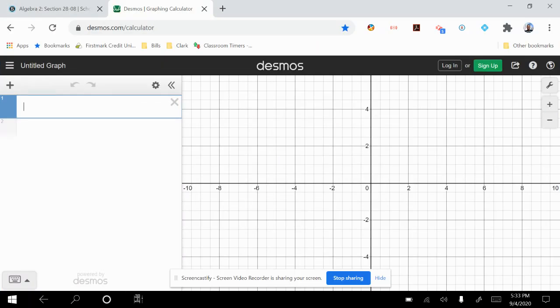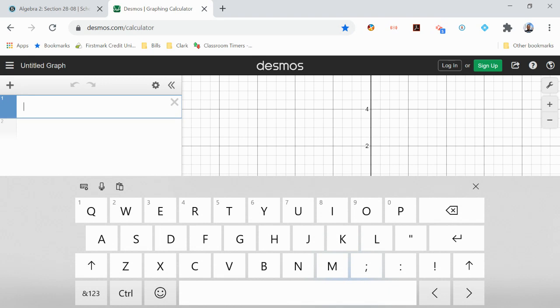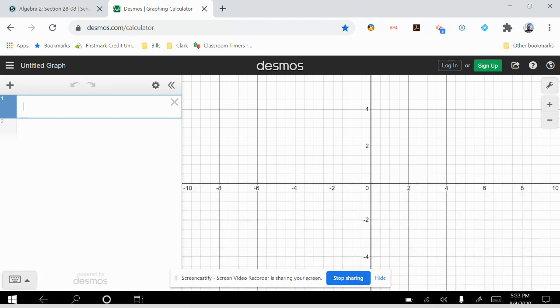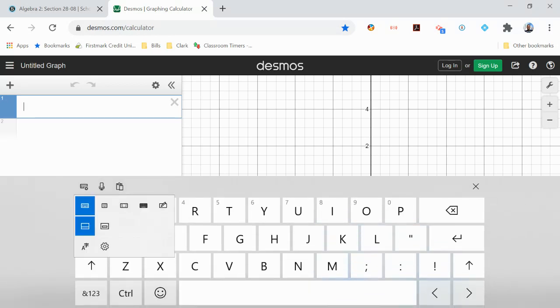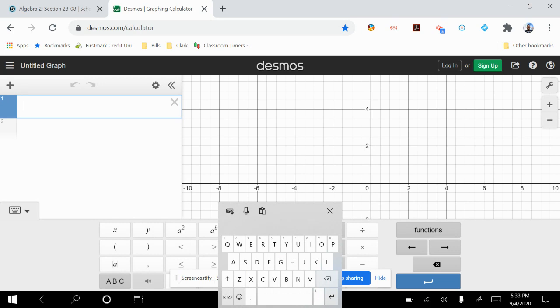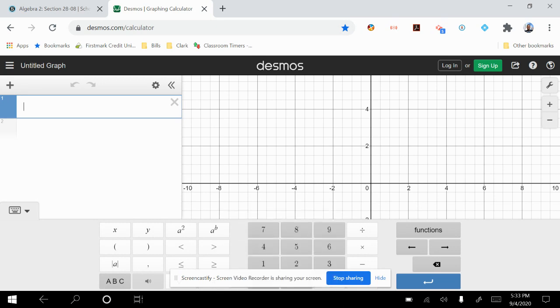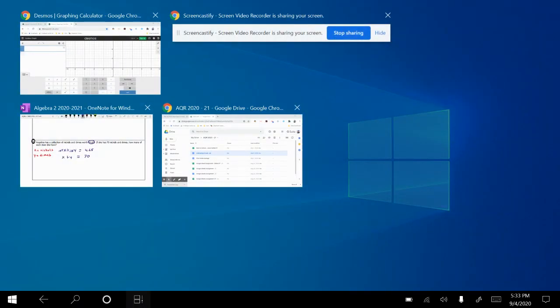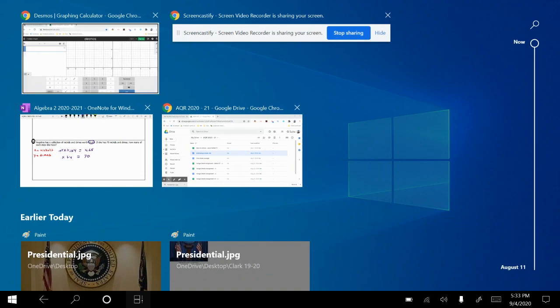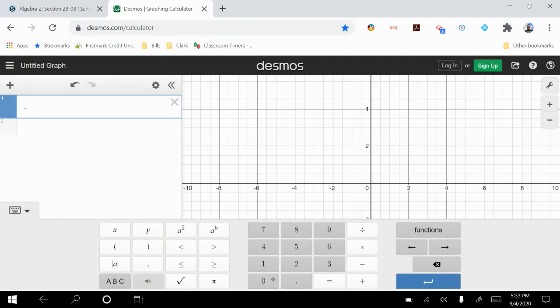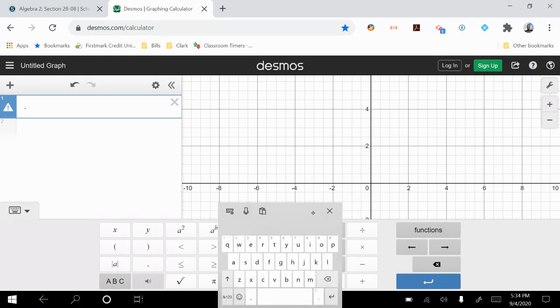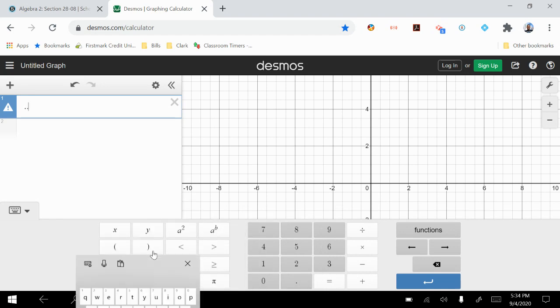In the first equation bar, I'm going to write my first equation. Let me put our first equation down. I forgot what I wrote. Oh, it's the nickels and dimes one. So we're going to get 0.05x plus 0.10y equals 4.65.